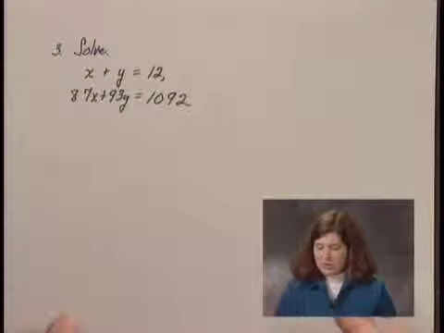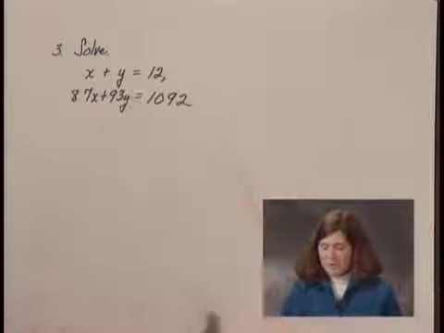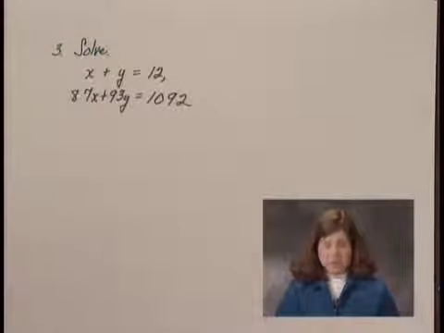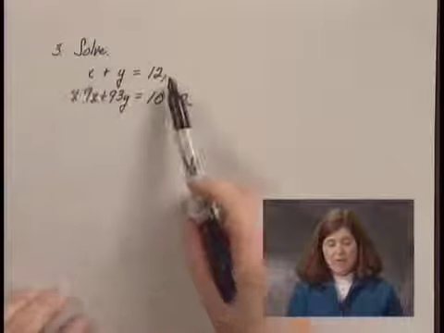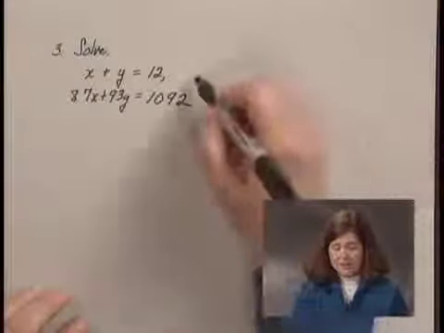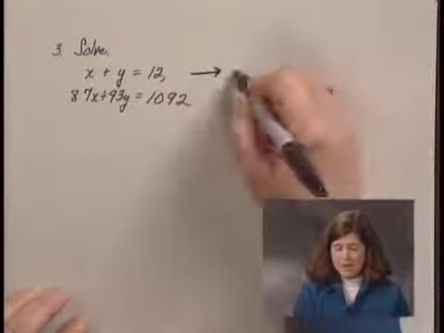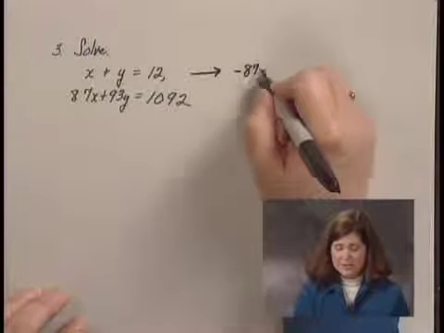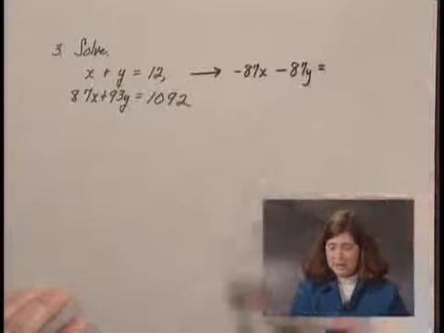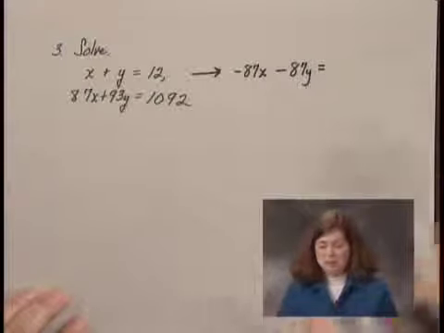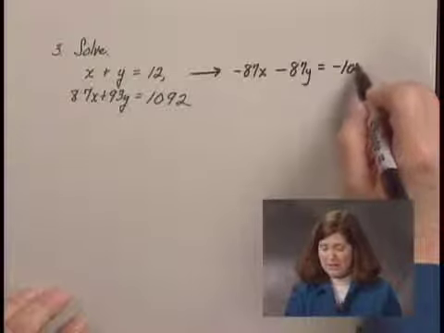Because it's written in this form, I'm going to solve it using elimination. I'm going to eliminate the x's, so I multiply the first equation by negative 87. I get negative 87x minus 87y equals negative 87 times 12, which is negative 1,044.